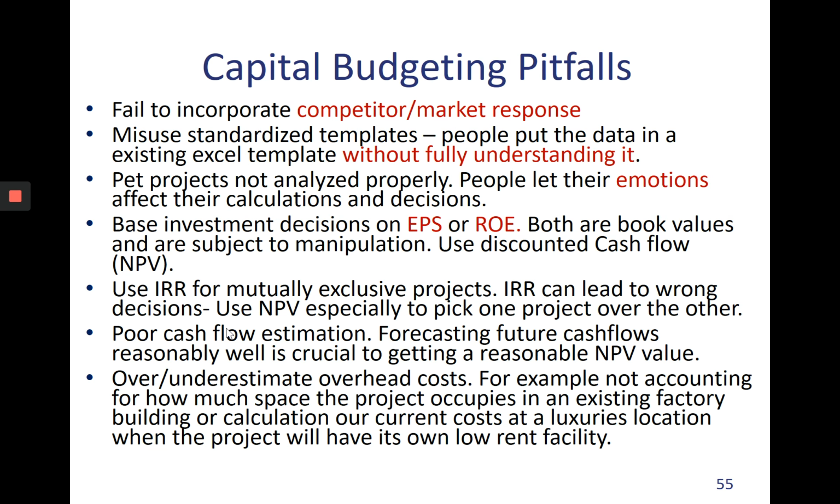Number one, when we do these numerical calculations, we do not consider what competitors will do, what kind of response the market would give, how it would react to our investment. And of course, if competitors follow us, it may change these cash flows, and this analysis should be done in addition to capital budgeting, mathematical and numerical calculations.